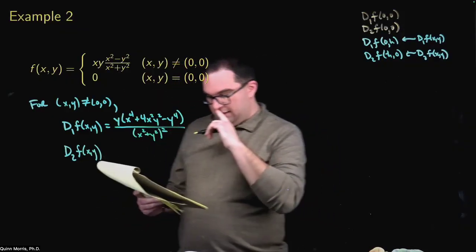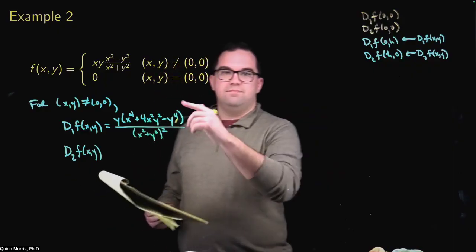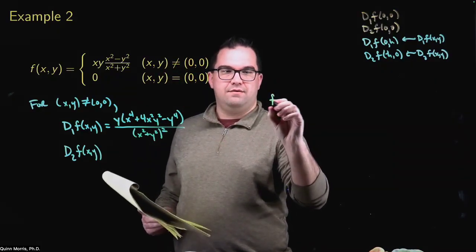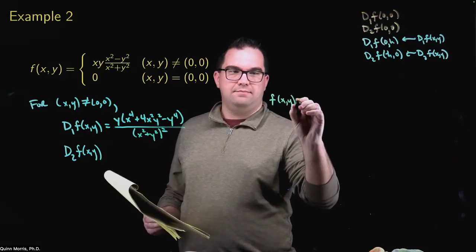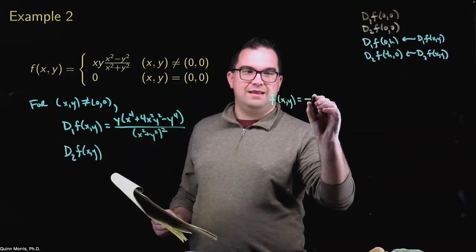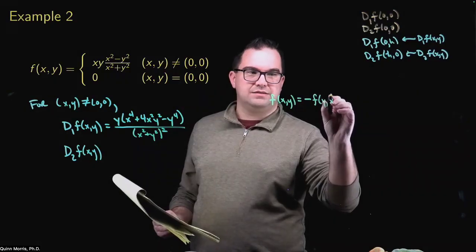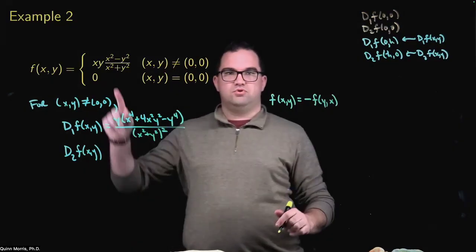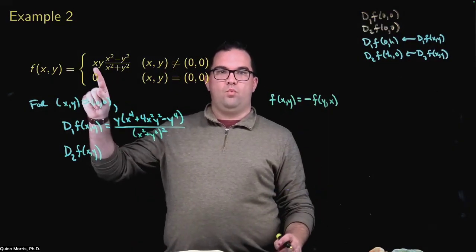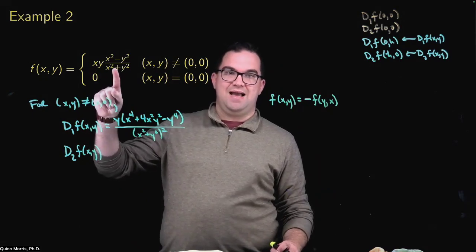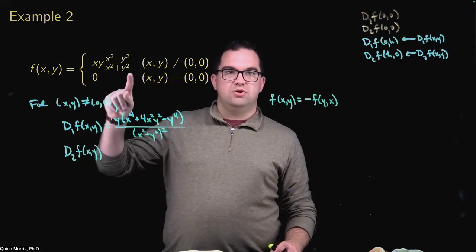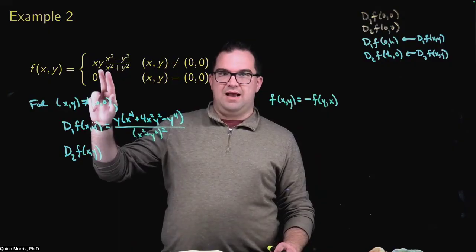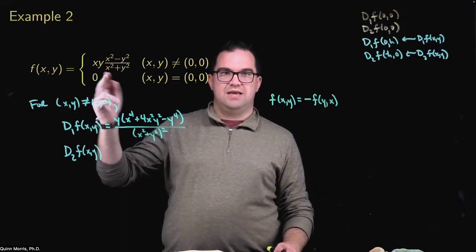But you can be a little bit clever here if you note that f of (x, y) is equal to negative f of (y, x). Notice that if you substitute y in everywhere you see x and x in everywhere you see y, xy just becomes yx, which is the same thing.